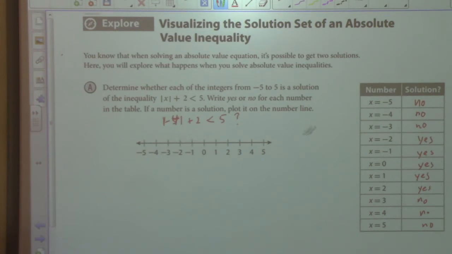And you can kind of see that -3 is a not, and 3 is a not, but barely, because that's right on what I call, they don't call this in the book, boundary points, or boundary values, because they are the boundary between what are solutions and what are not. And is everything in between these two values a solution? Yes. Everything in between, yes.